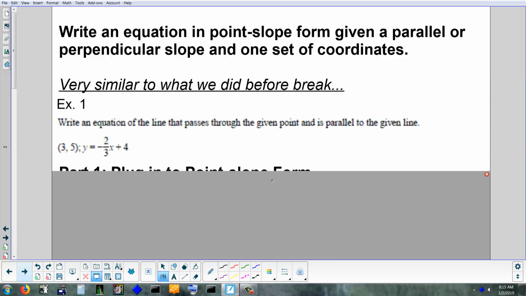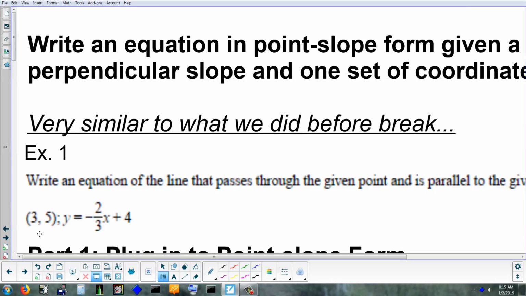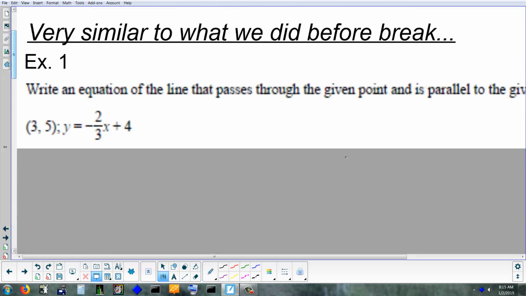All right, so first one, just like we did in the warm-up. Notice you have the parentheses. You just have to write in the numbers, the 3 and the 5 inside your parentheses. Then you have to write the equation of the line. For this one, we'll go through step by step.